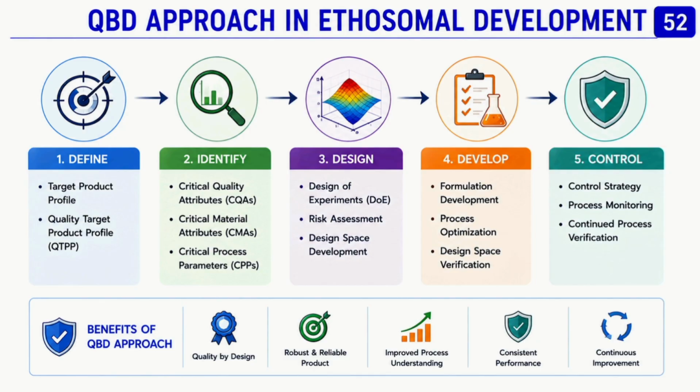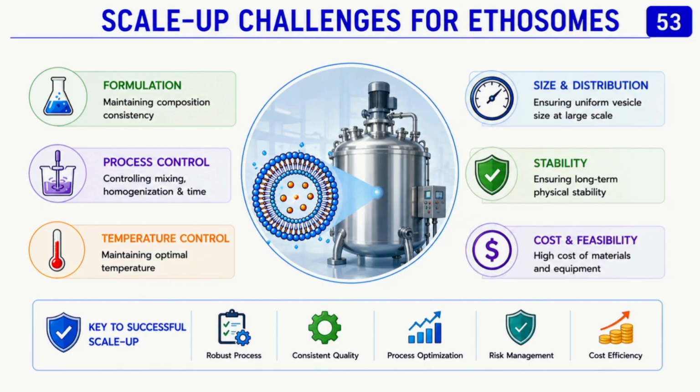Okay. So moving from laboratory scale to industrial scale presents some additional challenges. Mixing conditions that work at small scale may not produce identical results at large scale. Shear forces, mixing efficiency, temperature control, ethanol environment and processing time can all change.